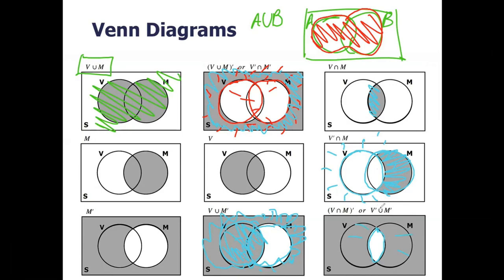Then not V or not M, that means here is not V, and here is not M, and we want everything which is not V, not M, and that means that intersection then falls away.